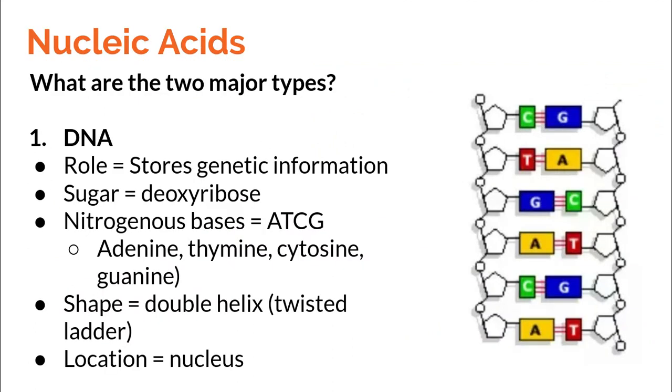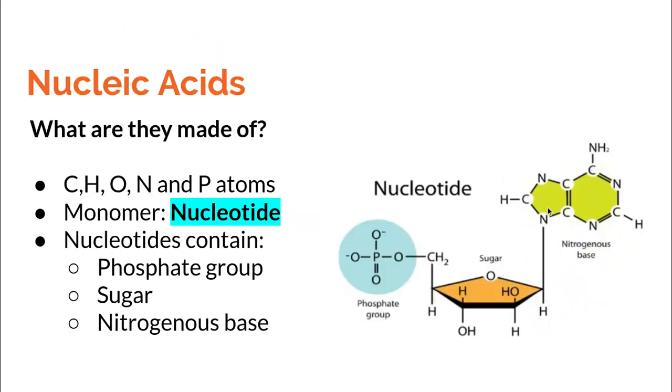Okay, so DNA, deoxyribonucleic acid, and that name comes from what it is made of. So deoxyribo, the D part, is telling us what sugar is contained in this molecule, and the sugar is deoxyribose. Then we get to nucleic acid. That's talking about our nitrogenous bases, which are these guys.